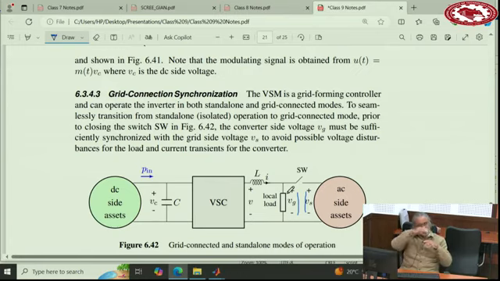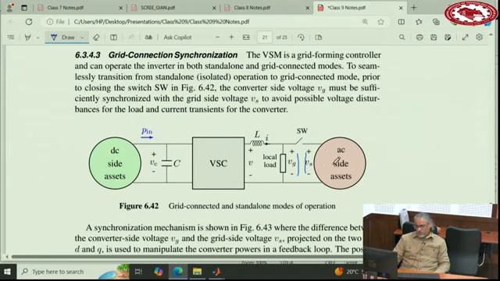But in AC, because they are changing, it could be very extreme. One of them on the positive peak, one on the negative peak, and if you close the switch, it will be dangerous. So you want to make sure that this voltage and this voltage are closely synchronized before you close the switch. That is called grid connection synchronization.